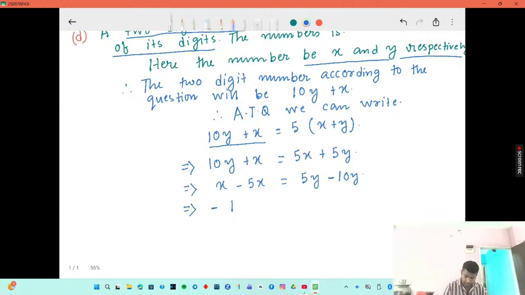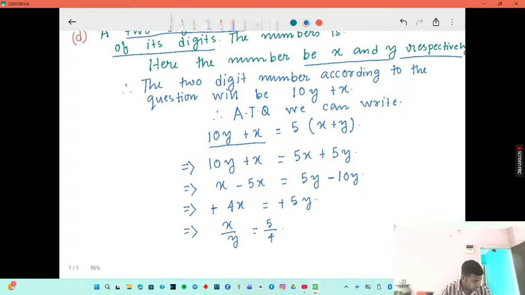So minus 4x is equal to minus 5y. So here we have got negative on both sides, so we can change it into positive signs. Now x by y is equal to 5 by 4.